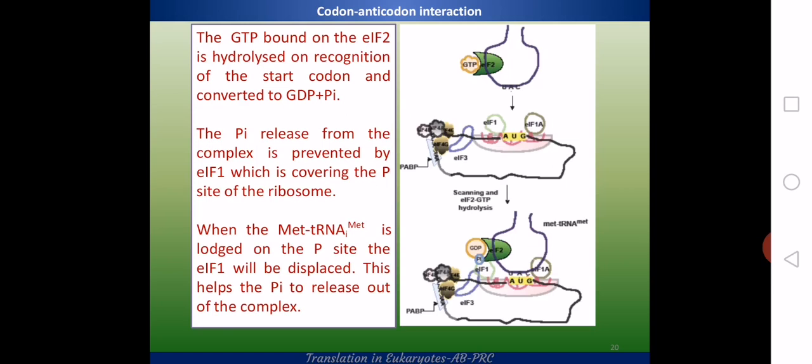Now you can see the codon-anticodon interaction. These are the same as seen in prokaryotes. The tRNA with its anticodon can bind onto the codons in the mRNA at the P site. And there will be GTP hydrolysis followed by the release of phosphate.